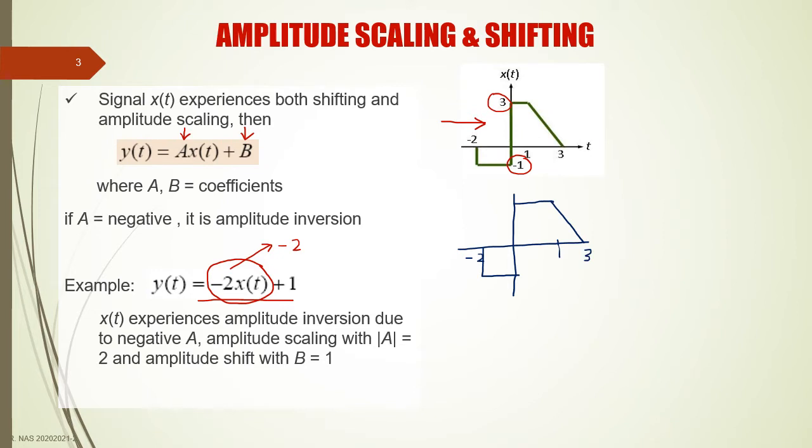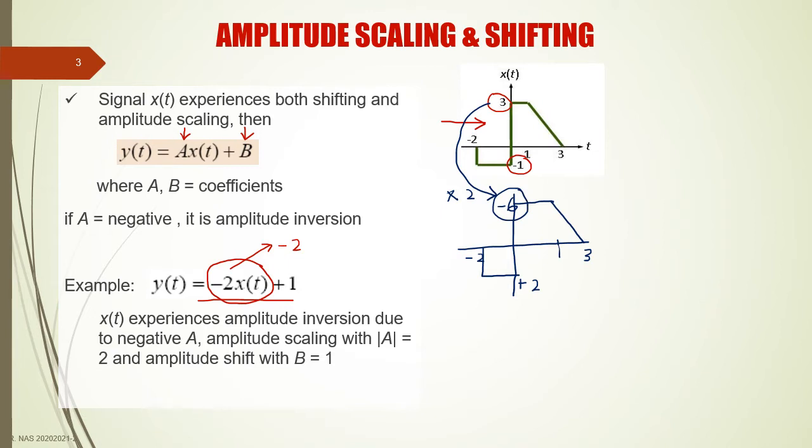And the amplitude here being multiplied by -2 becomes -6. And here, -1 multiplied by -2, you get +2. So then what you need to do, you need to reorder the axis, because you cannot have negative signal on top.